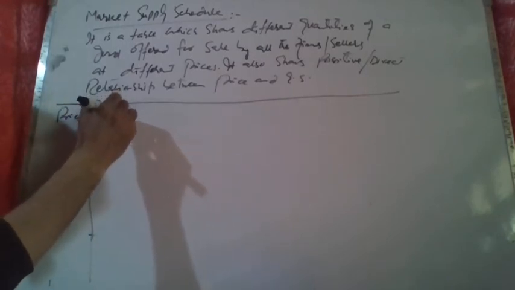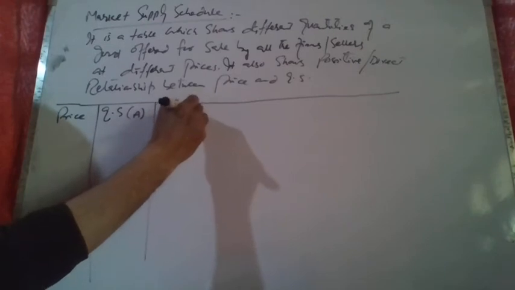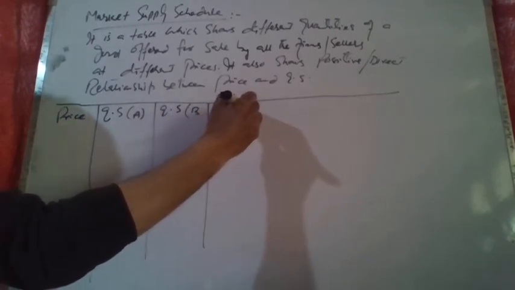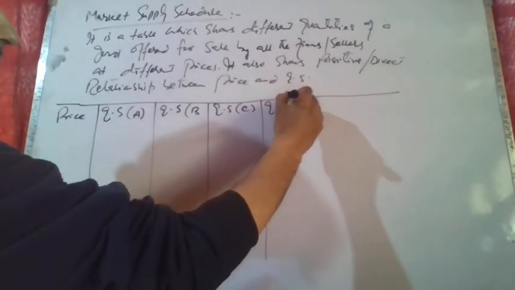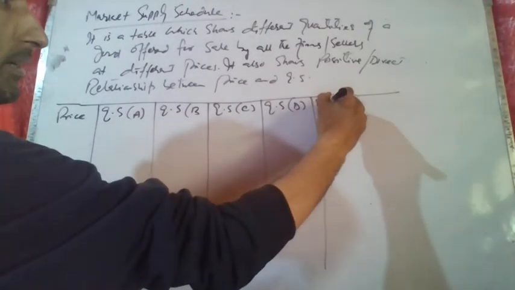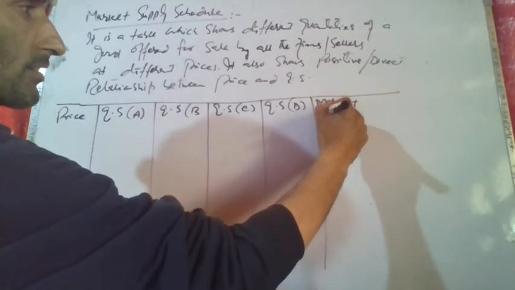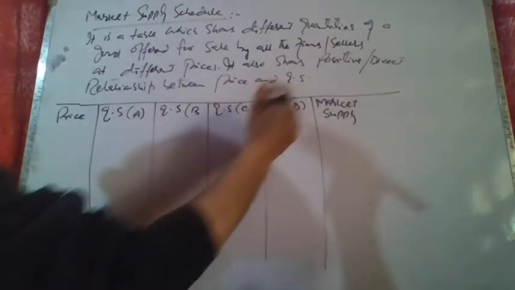We have quantity supplied by, for example, firm A. There are firms A, B, C, D, which make the market. Quantity supplied by B, by C, by D. Market supply.